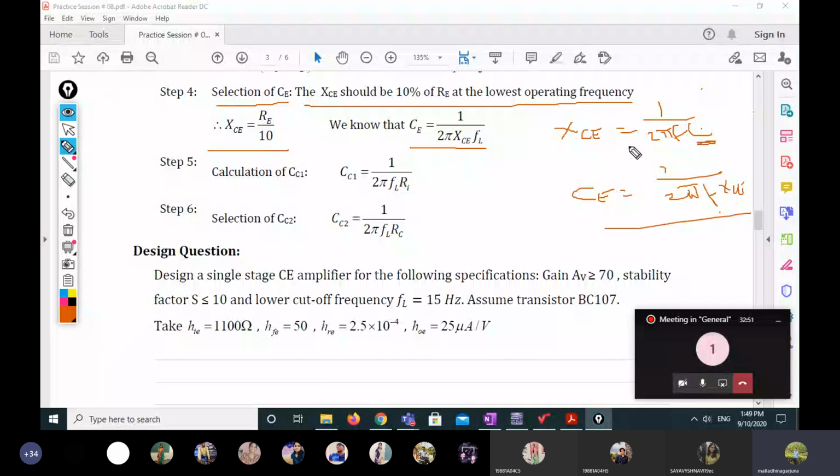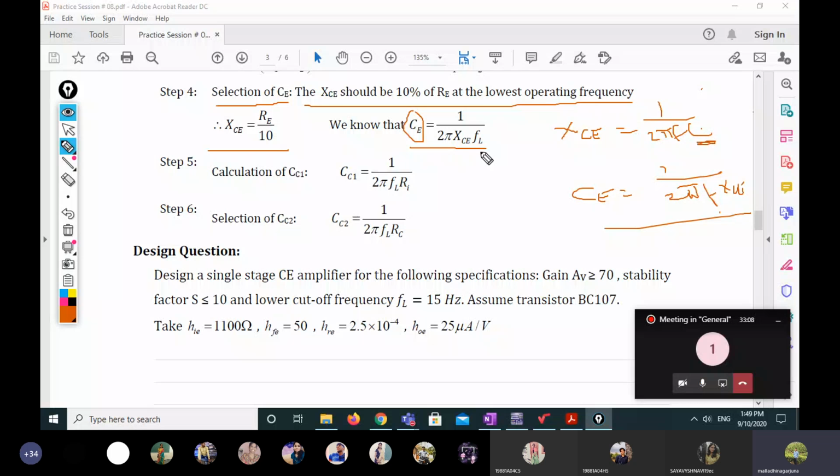That is the formula. So from this, for the bypass capacitor, C is equal to 1 by 2 pi F into Xc. From that I am calculating C, the bypass capacitor. Here 1, 2 pi is constant, Xc you just calculated, and FL will be given in the question, the lower cutoff frequency.